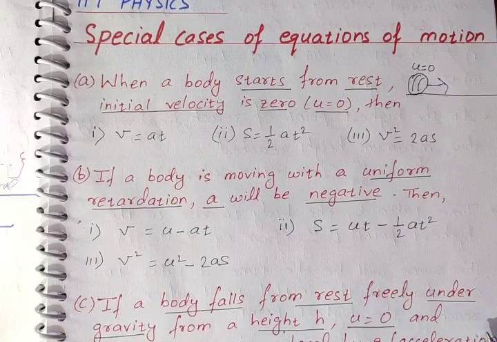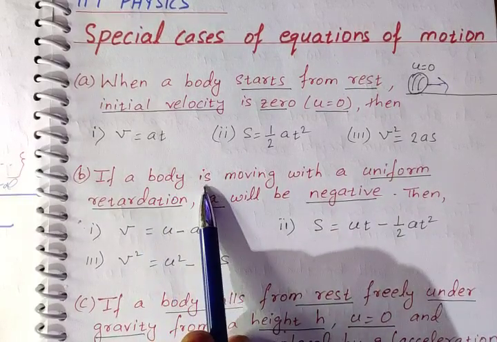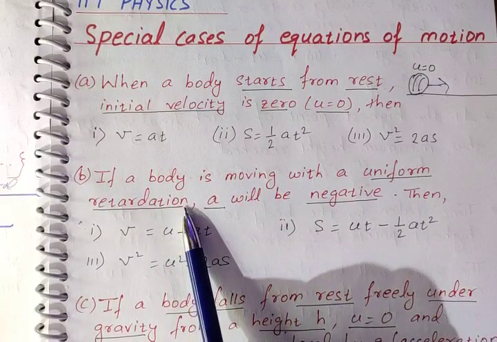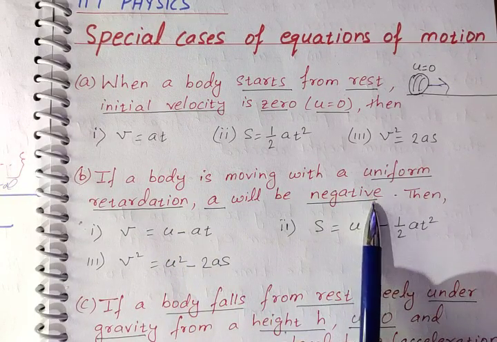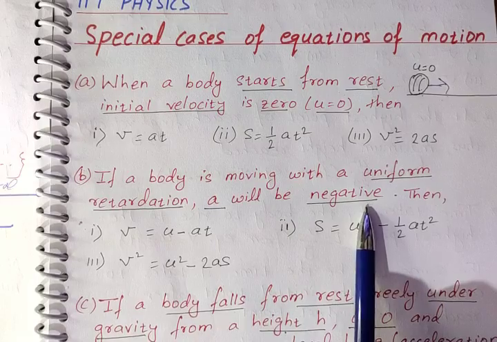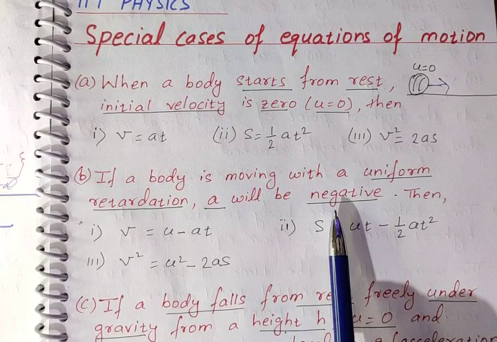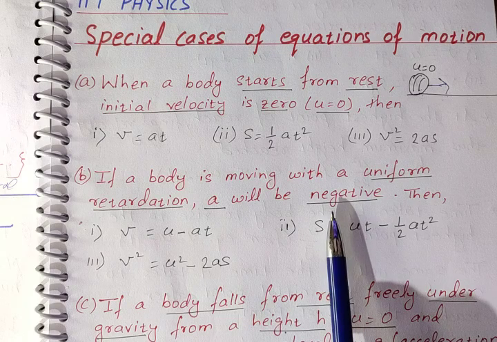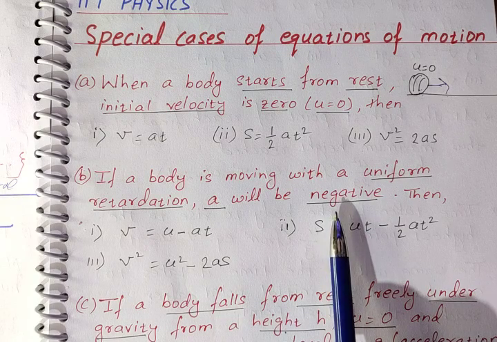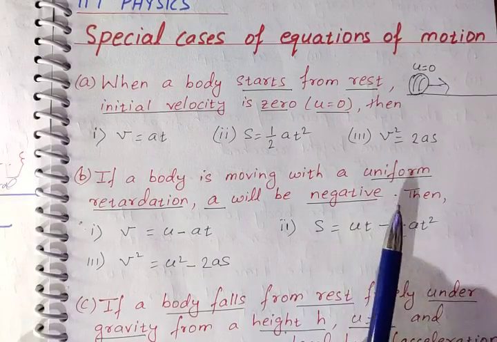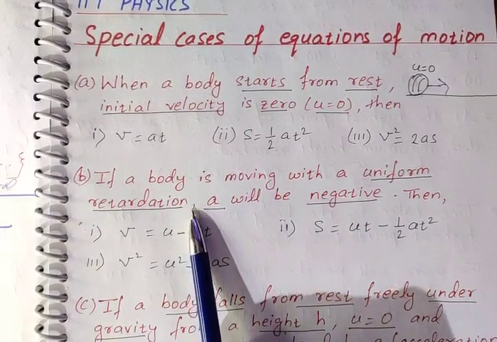So you can see, children, if a body is moving with a uniform retardation, a will be negative. So once again, for the three equations of motion, the body must move with uniform acceleration or uniform retardation.